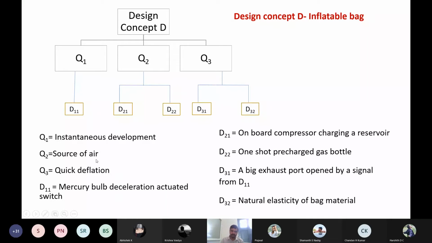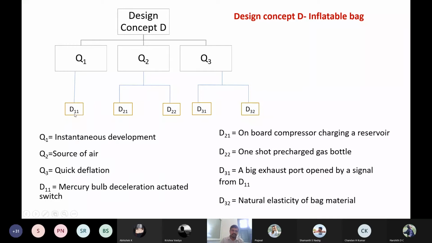This was the old solution, our earlier design, our earlier working principle of the inflatable bag. Now technology has advanced, and now you have a different mechanism or different working principle for the airbag. That you can see in that YouTube video. Next, these are the three functional requirements, Q1, Q2 and Q3, and we have to solve all of these.